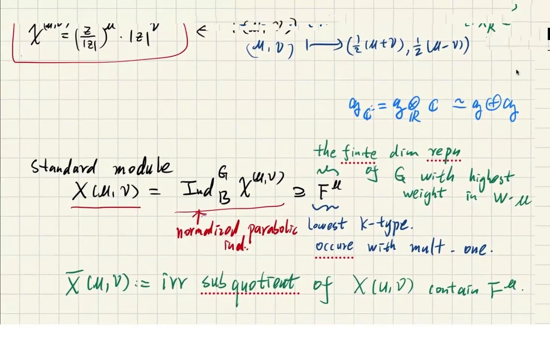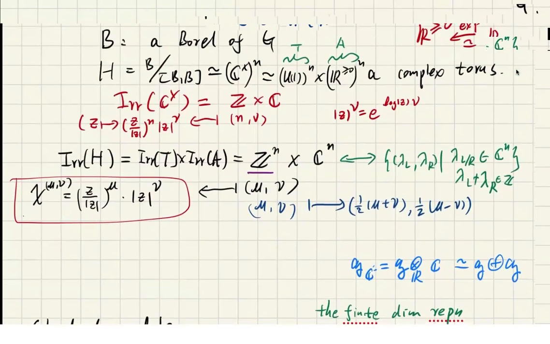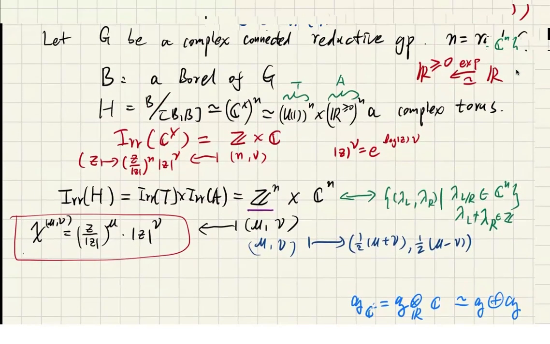Okay, so among them, recall that mu is a compact torus. So this is T. So G has a maximal compact subgroup, and it will contain this compact torus T as its maximal torus.